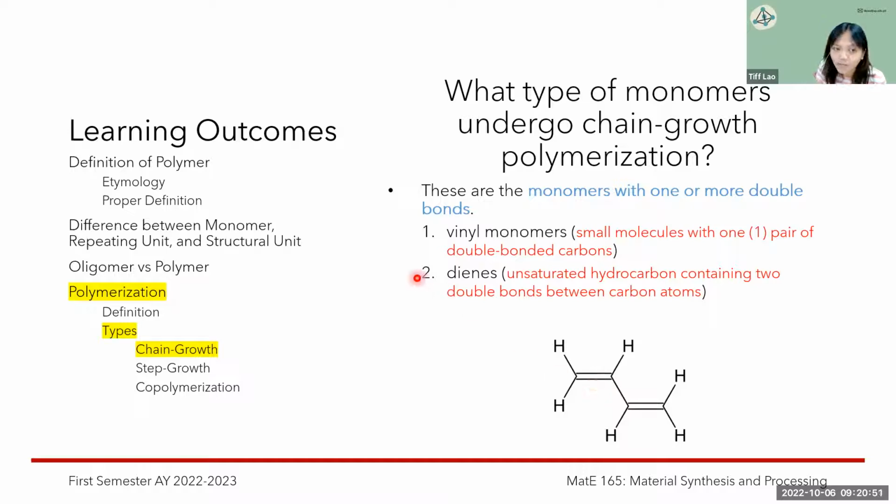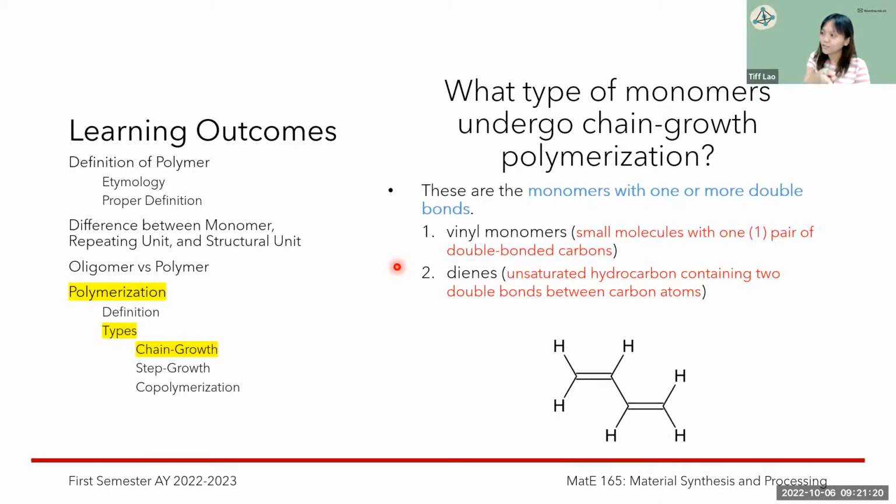So, huwag kakalimutan, kapag gusto nyo malaman kung yung polymer ay nag-undergo ng chain growth, check nyo yung monomers niya. If vinyl monomers siya or diene, pag check, then automatically chain growth yun. Okay? Gets na ba? Na-gets na.